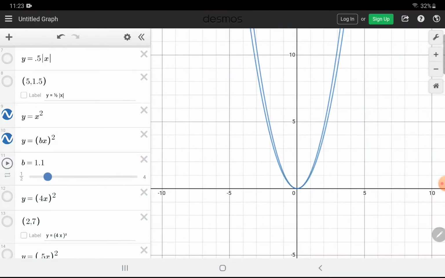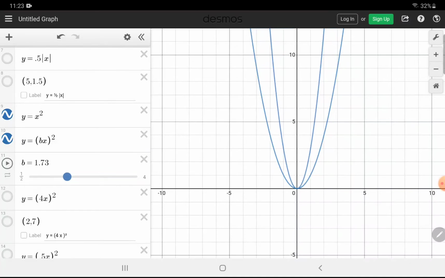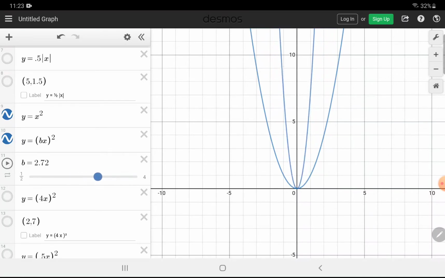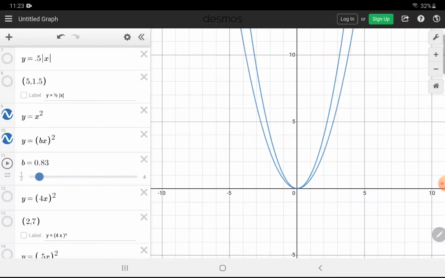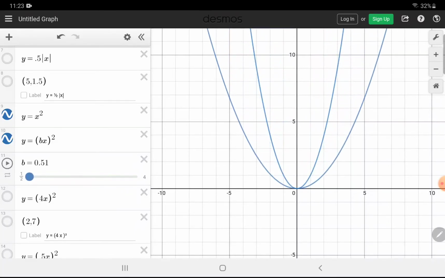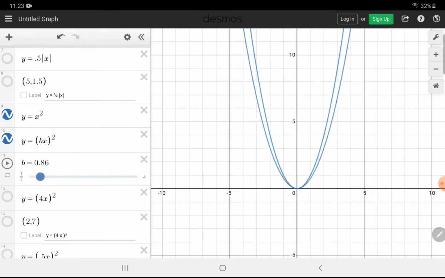Hopefully what you're seeing is that now we're compressing this parabola. Think of how your hands are now left and right, and now you're kind of like squishing it together. Squish, squish, squish, right? You're compressing that parabola horizontally now, versus the other way, if you stretch that parabola horizontally, that's what's happening to the graph like that.